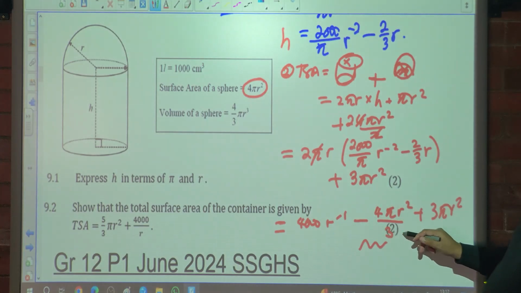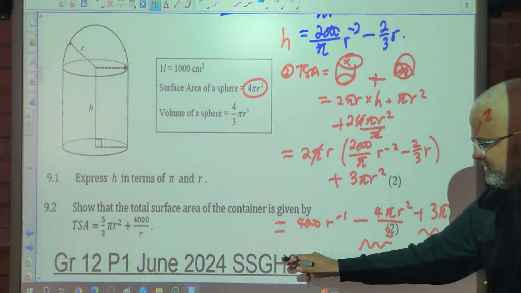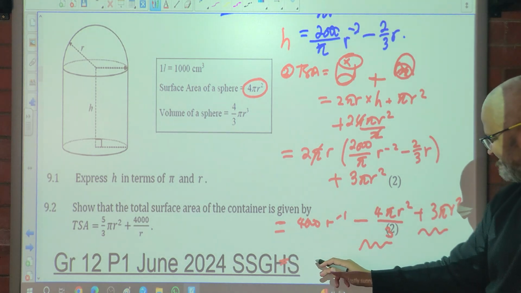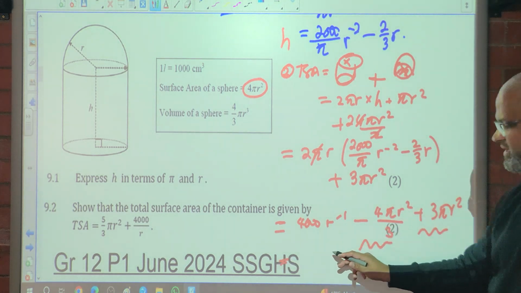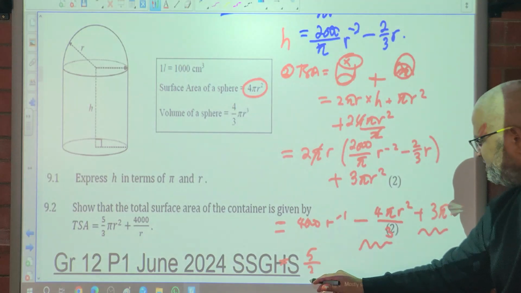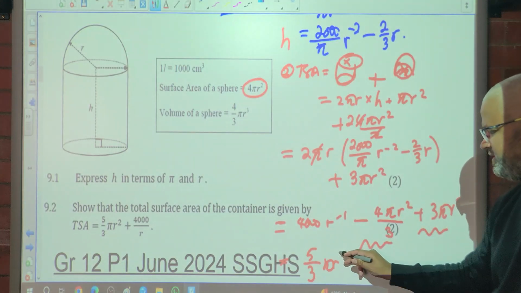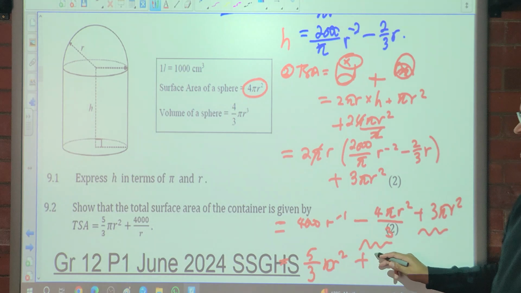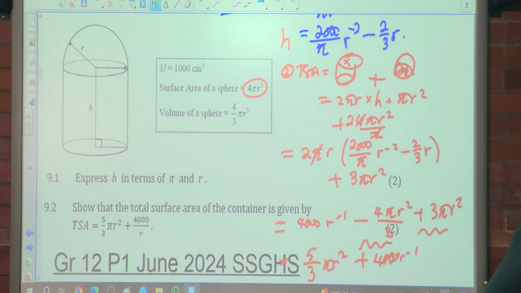What do you notice here? They are like terms, which can now be written as 9 minus 4, which is 5 over 3 pi r squared, plus 4000 over r, or r to the minus 1.